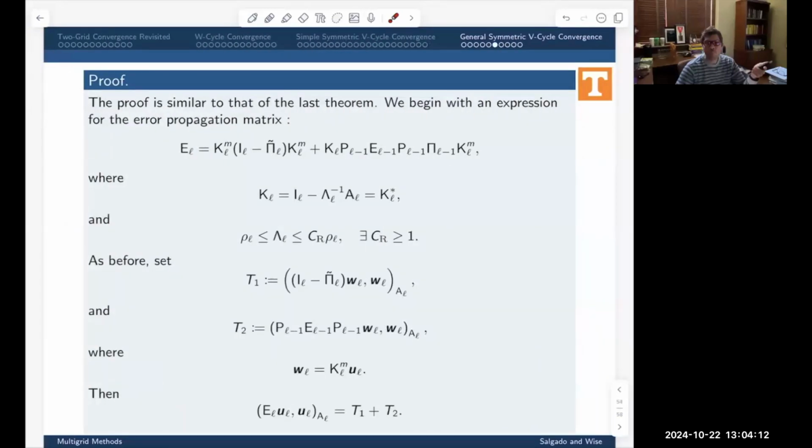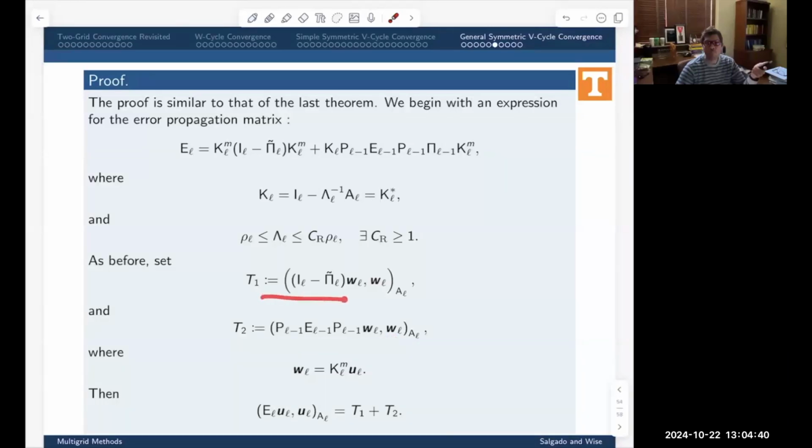So the proof is similar to what we did in the last theorem. Remember, we broke the error into two terms, and we estimated one according to some idea, and then the second one according to a slightly different idea. Effectively, it's like splitting the error into something which looks like an error for just a 2-grid method, and then the error associated to multigrid.